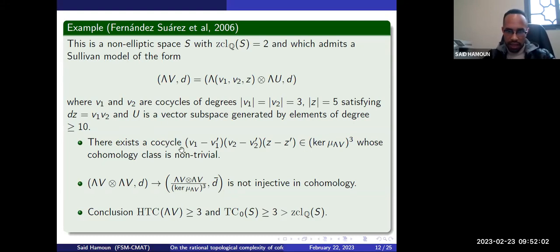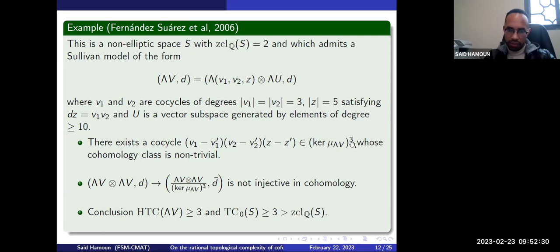And here we consider the element v1 minus v1 prime times v2 minus v2 prime times z minus z prime. Here I would like to remind you that v1 here is identified to v1 tensor 1, and v1 prime is identified to 1 tensor v1, which means that this element is in the kernel of mu lambda V to the power 3.